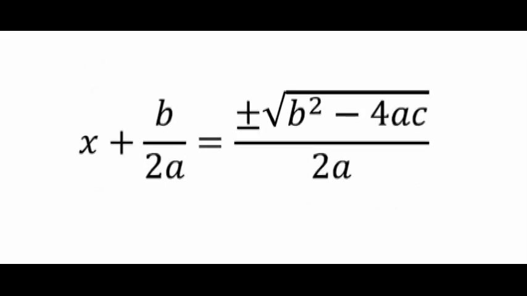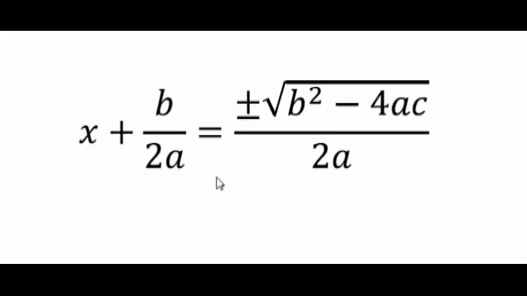Well, what we do next is we take the square root of both sides. Okay? The square root of x plus b over 2a quantity squared is simply x plus b over 2a. And on the right side, we take the square root of that whole thing that we had before, b squared minus 4ac. And remember that when you take the square root of a number, it could be either the positive or the negative that would equal the number.